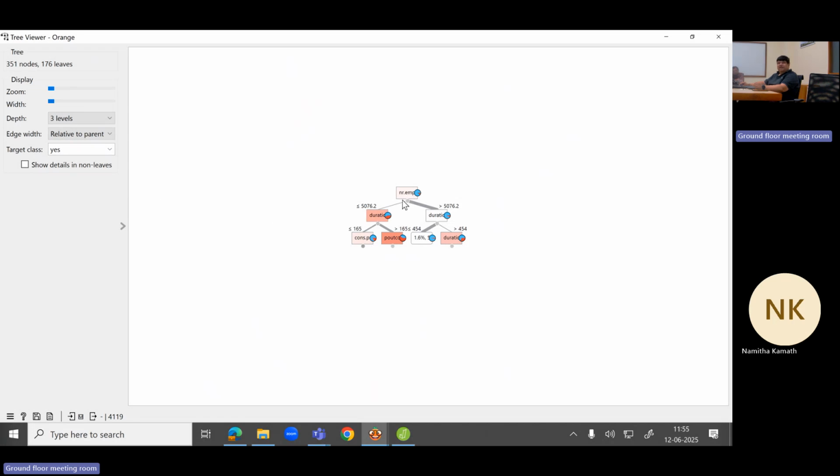Right? So, remember if you saw even in the logistic regression, nr.emp and these were the ones only which survived. So they are the ones which are actually more useful as predictors. So even in a decision tree, they will appear at the top.